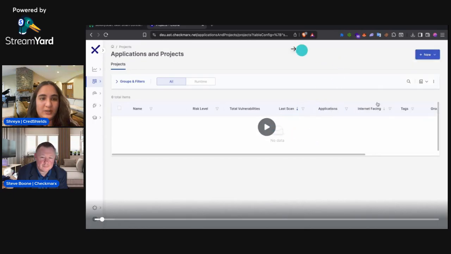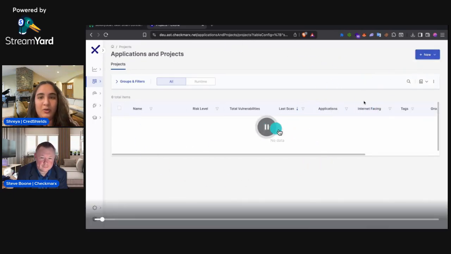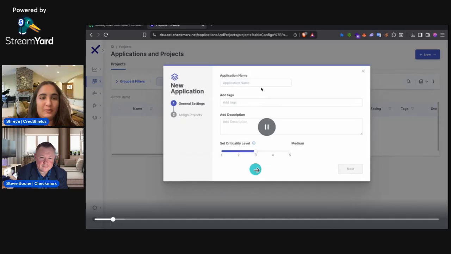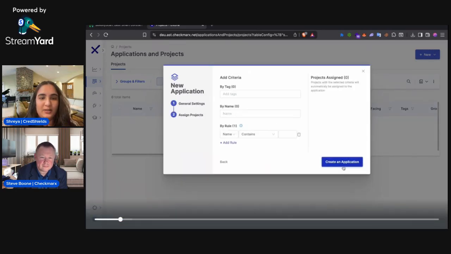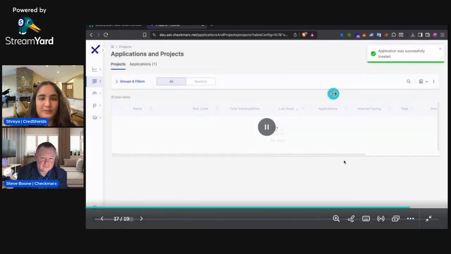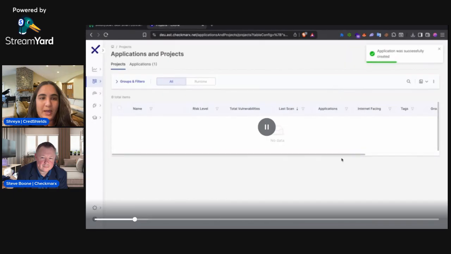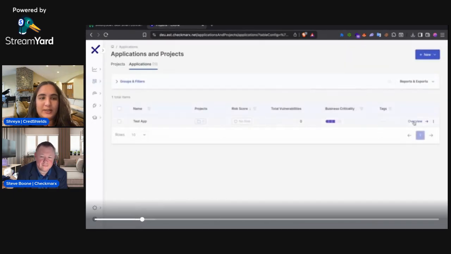So this is the Checkmarx interface. You go on new, you create an application here, and once you do that, you name the application and fill in all of the parameters in the form. You just created a test application, and after this you create a project inside of the application.